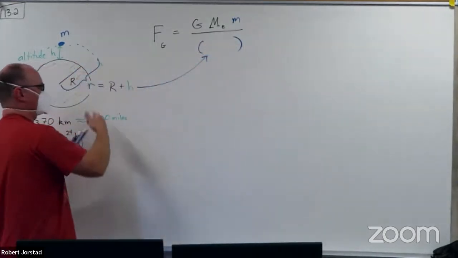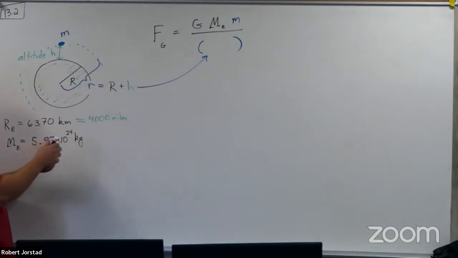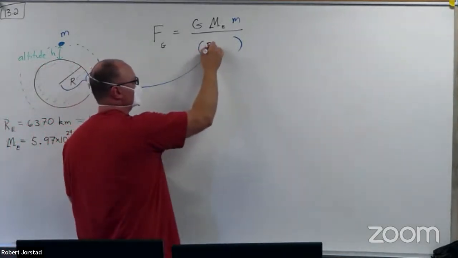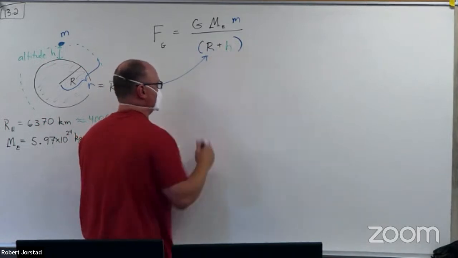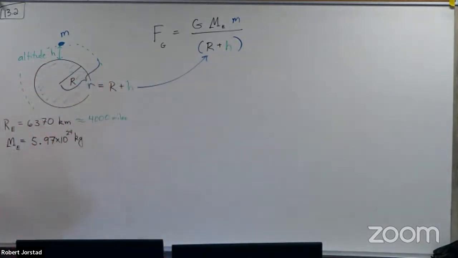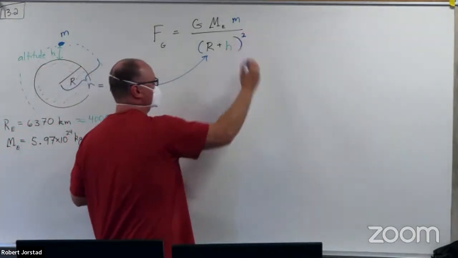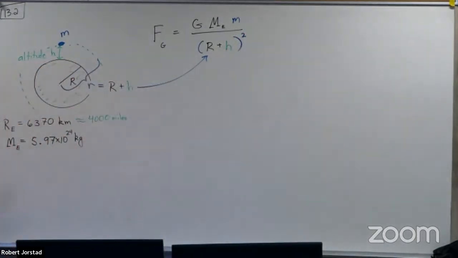Instead of using r, we oftentimes will use r plus h. Is that looking good or not? I forgot the squared. Good job. You caught it. All right. So far, so good?